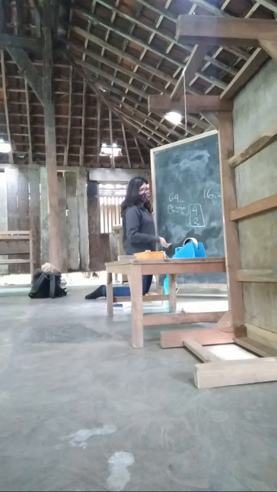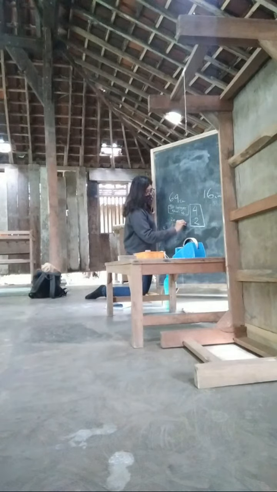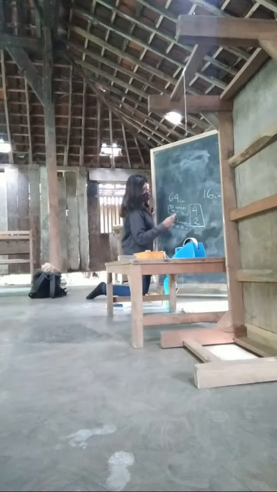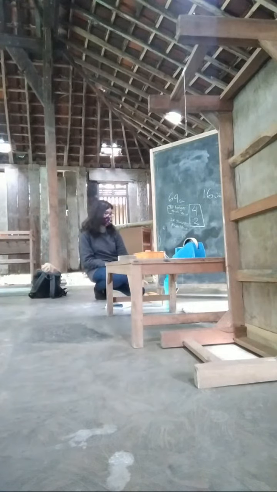If it's longer, it will swing slower. So you write 2 times slower. Sorry, my handwriting. Then 16 centimeter, write for the next box. 2 times slower than 16 centimeter? Yep.